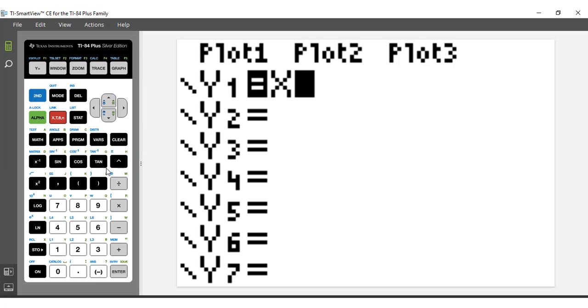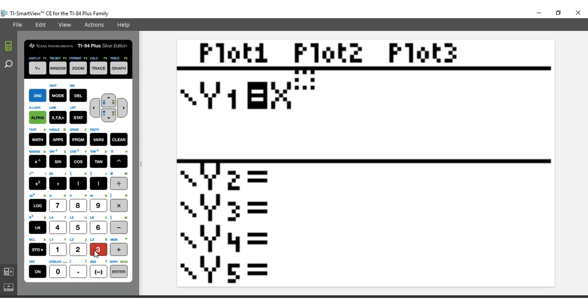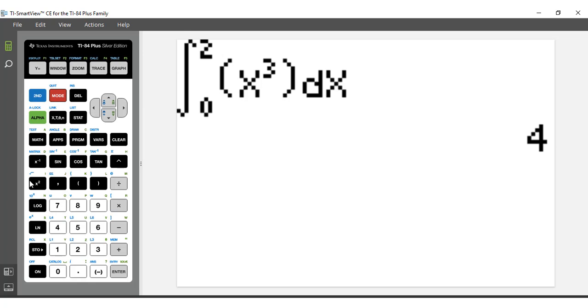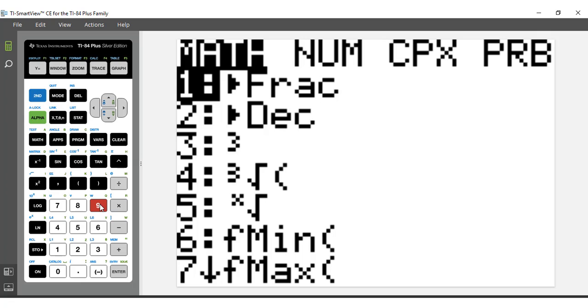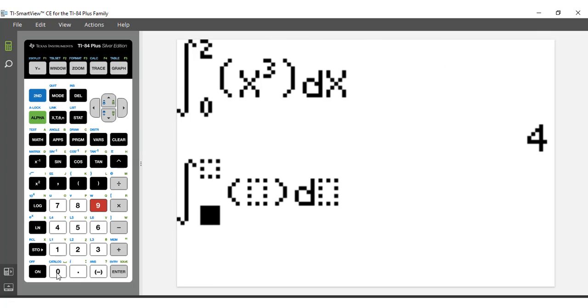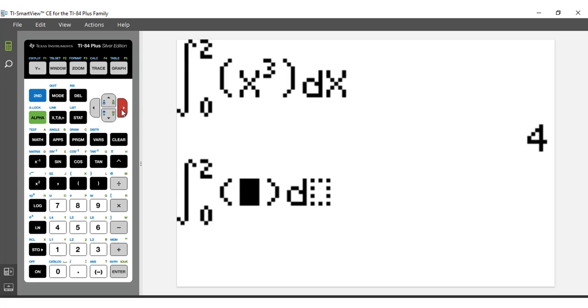So I do x to the third power. Then I quit. Go to Math 9. This is 0, 2. I will put alpha trace, go to y1, and then here's x.